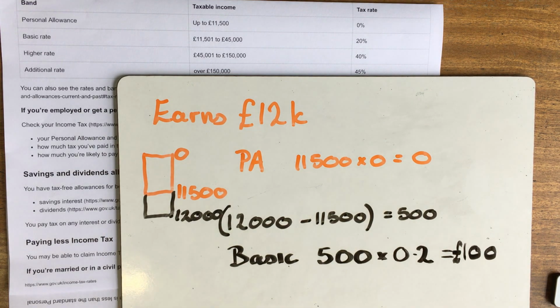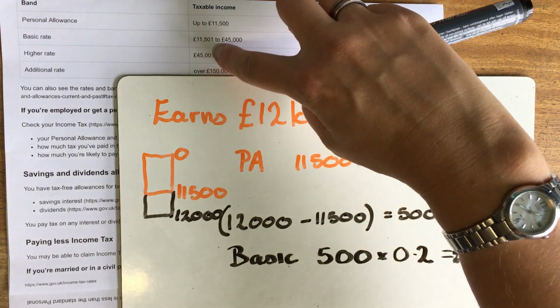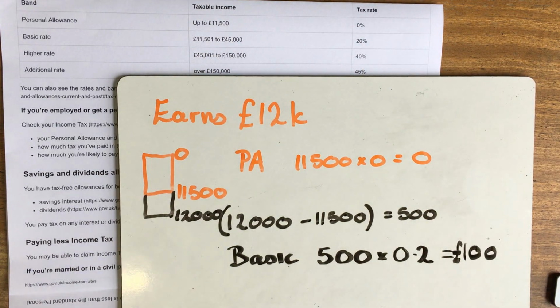The next bit is where it gets a bit higher. People earning over 45,000 are not just going to pay basic rate, they're going to pay higher rate as well.